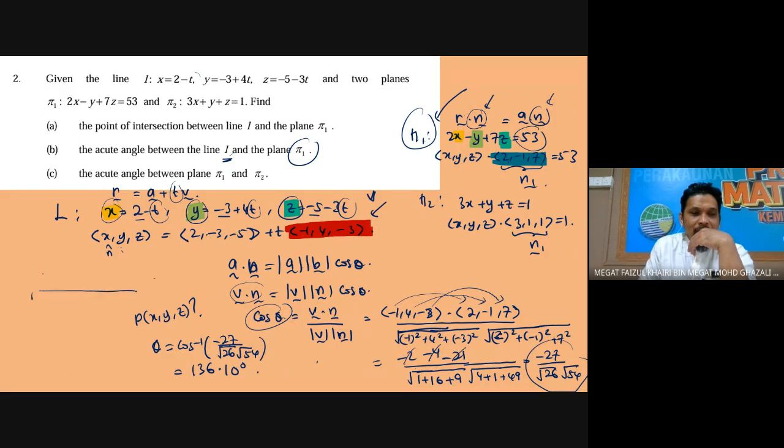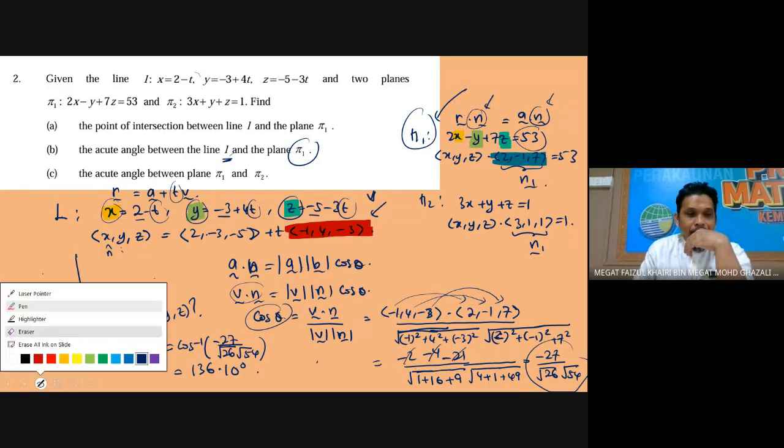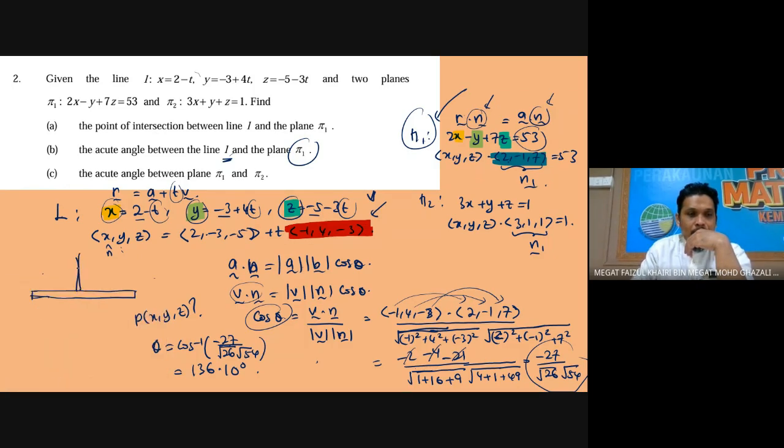So just imagine, from the side of the plane, this is the normal, and the graph will be something like this. 136.10 means that it starts from here to this.